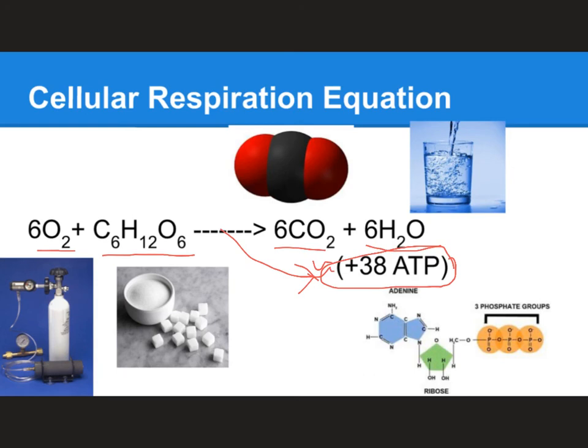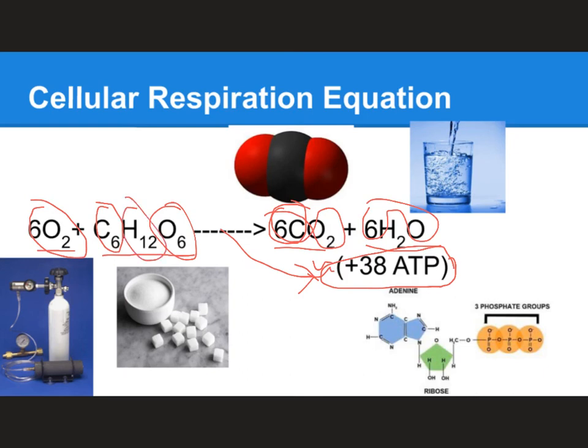But here's our general equation, and you should see that all of the atoms are accounted for, right? I have 6 carbons here. I end up with 6 carbons over here. 6 oxygens, and then another 12 oxygens, so 18 oxygens. Here's 6 oxygens, and then another 12 oxygens. Sorry, that's getting messy.